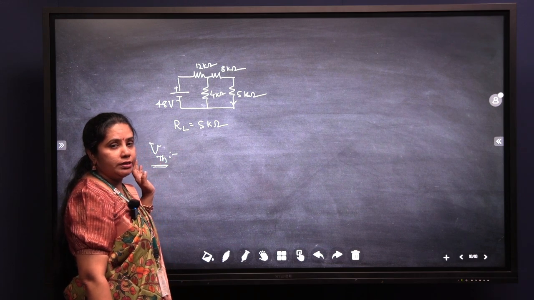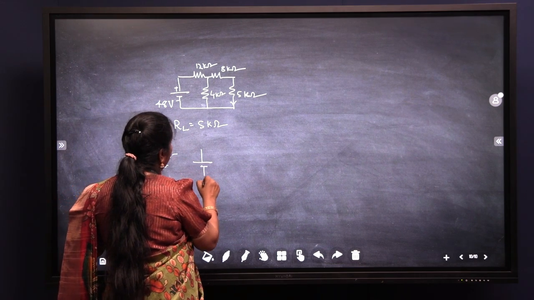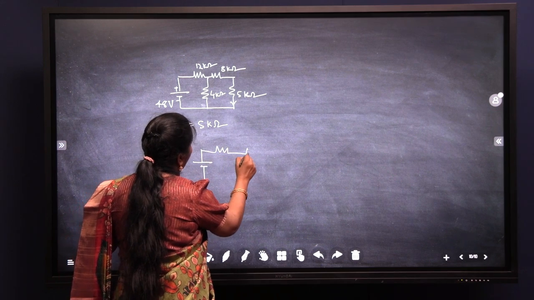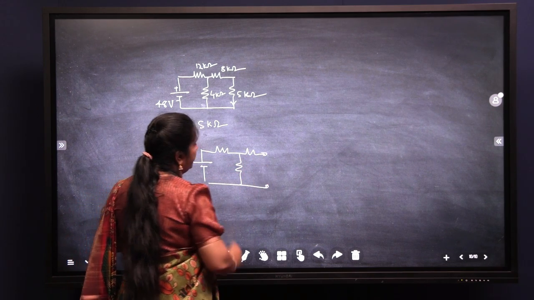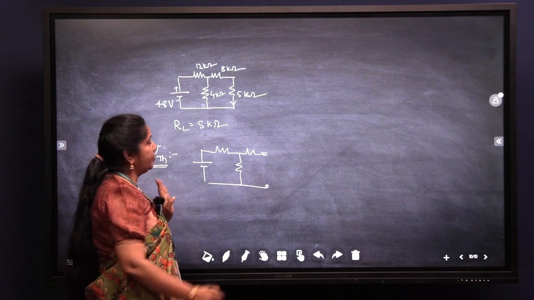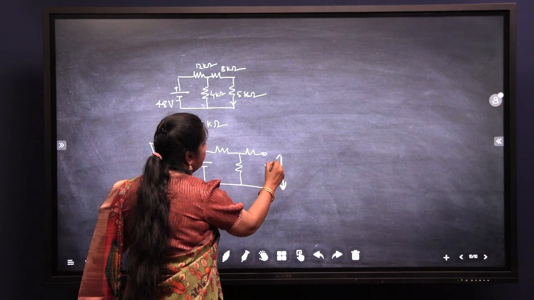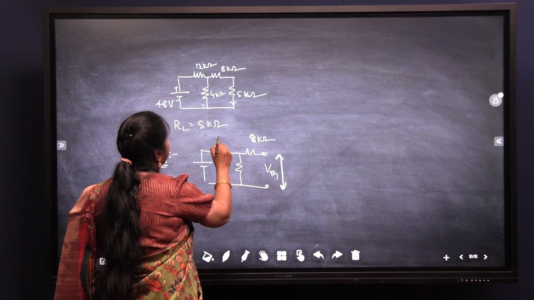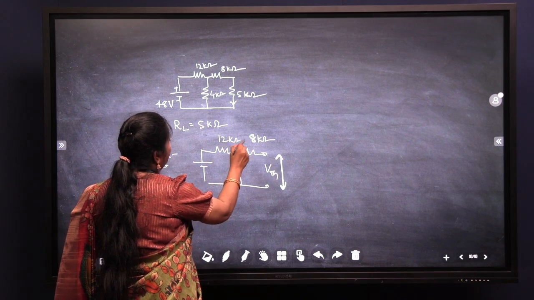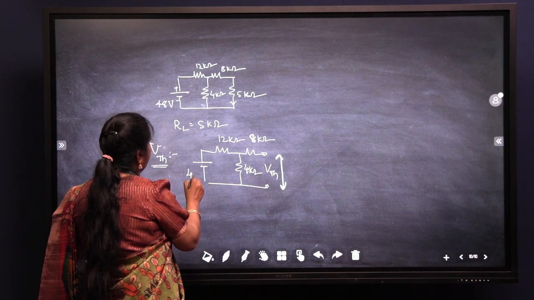Now calculate the voltage across the open circuited terminals. This is our circuit once you remove the load resistance. Here you have two open circuited terminals and we will calculate VTH across these two terminals. The values are 8 kilo ohms, 12 kilo ohms, 4 kilo ohms, and the voltage is 48 volts.